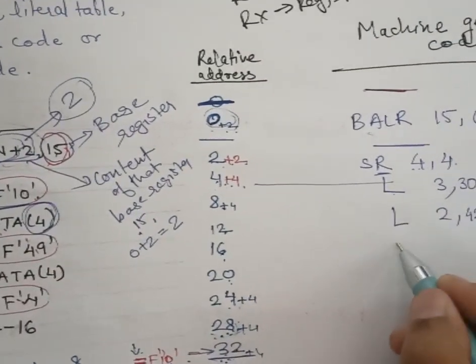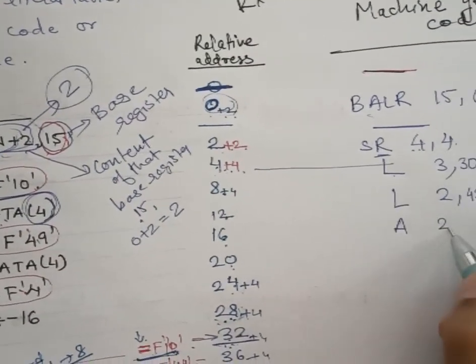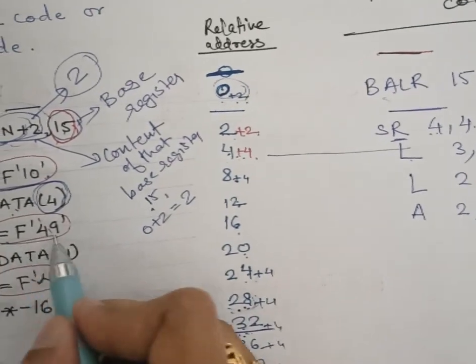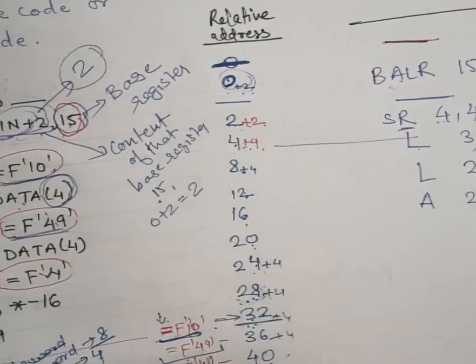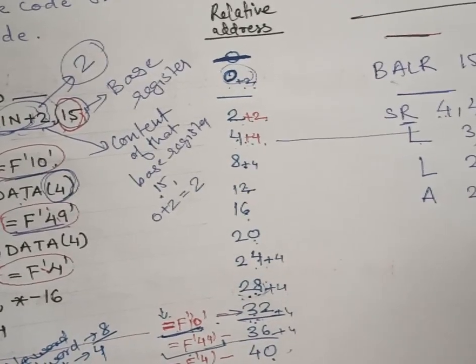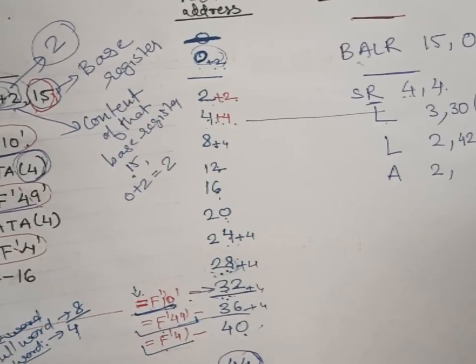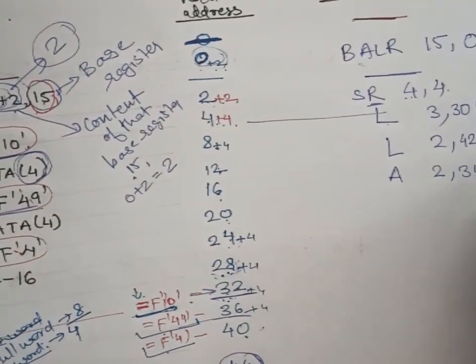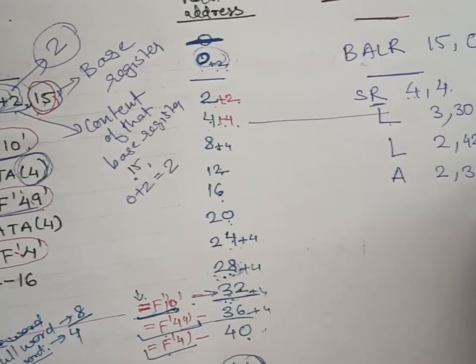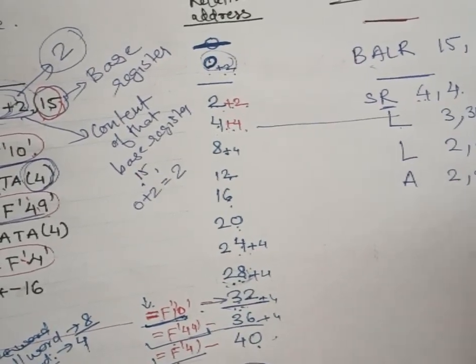Then second we are having the A, which contains 2 comma, then f of 49. For f of 49, the relative address is 36, so 36 minus 2 will become 34. 34, again no index or constant value is present, so 0 comma 15.